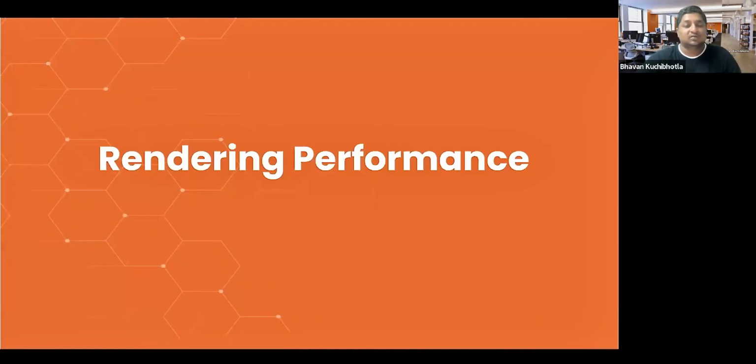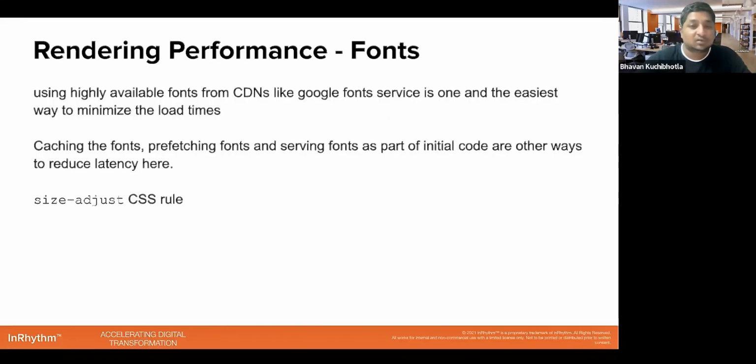So next we talk about rendering performance, common workarounds. For fonts, there are multiple ways to solve the issue. Generally the problem with fonts is that they're very heavy to download.